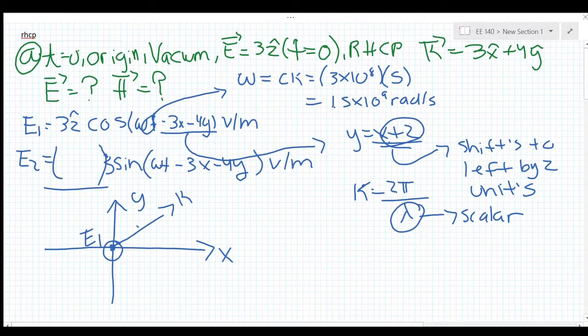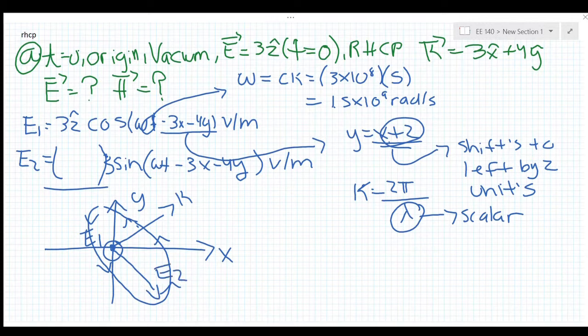So it would be going in this motion, and the second component has to be in that motion. E1 is coming out of the board, so E2 would land in the fourth quadrant.